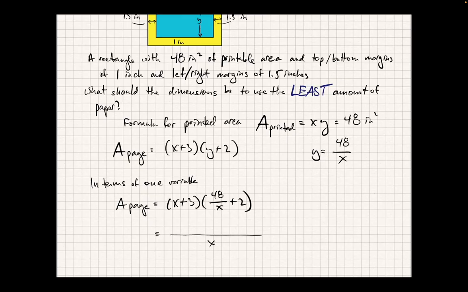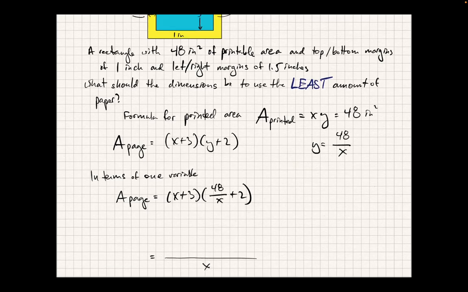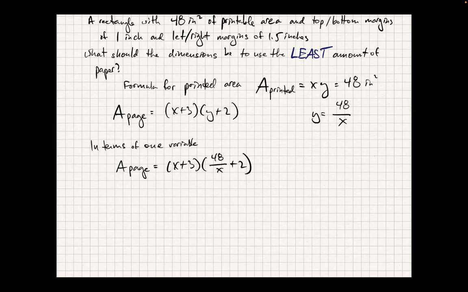How do I factor out a 1 over x? That would come out to x plus 3, 1 over x, 48 plus 2x.